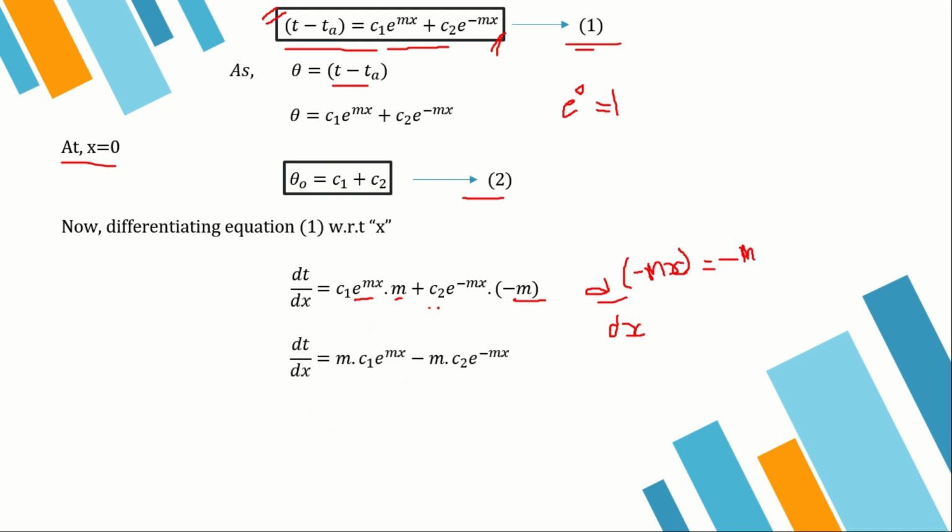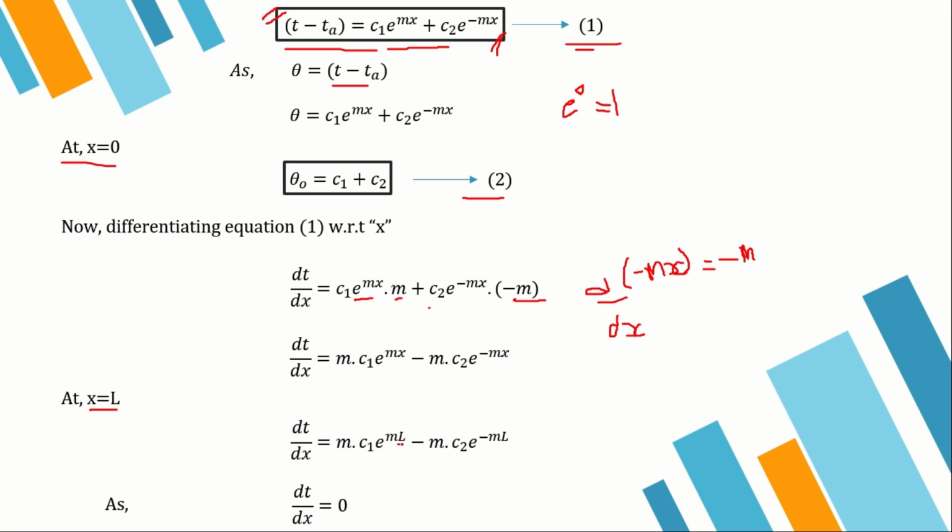So the equation becomes: dT by dx is equal to m into C1 e raised to the power mx minus m into C2 e raised to the power minus mx. Now at x is equal to L, we know that dT by dx is equal to 0.